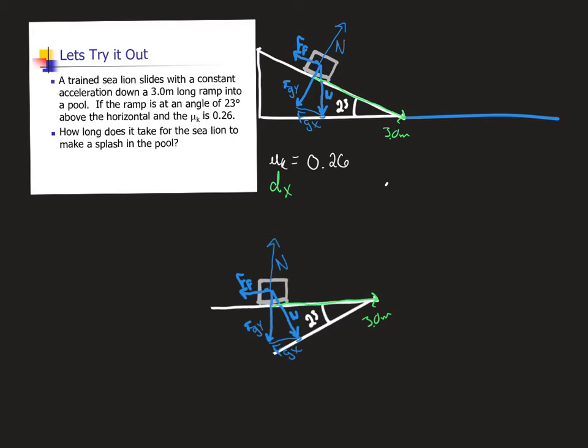If I get rid of some of these parts, we can see force of friction. Gravity in the x is going to be your direction in the x. Your normal force is just perpendicular to the surface, just like it would be on a flat surface.